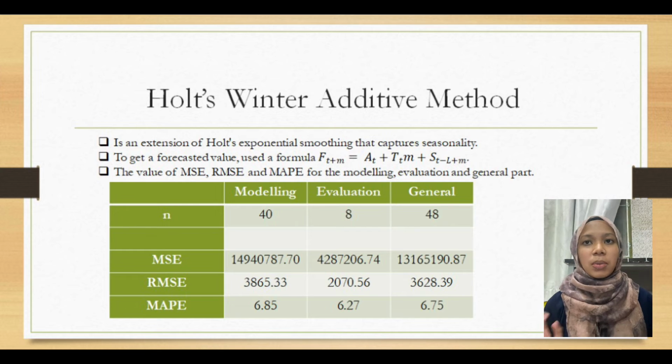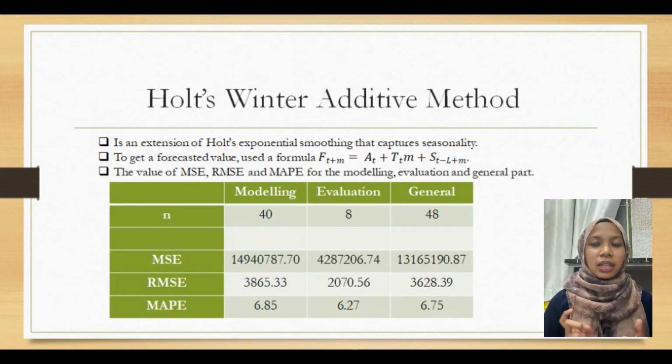The difference between multiplicative and additive is that for multiplicative we multiply the St, and for additive we add the St. And for the values of MSE, RMSE, and MAPE, there are three parts: modeling, evaluation, and general. The MAPE for the modeling part is 6.85, the MAPE for the evaluation part is 6.27, and the MAPE for the general part is 6.75.